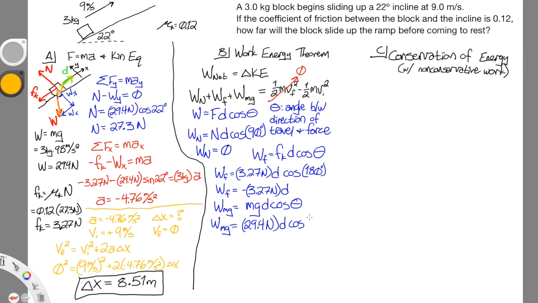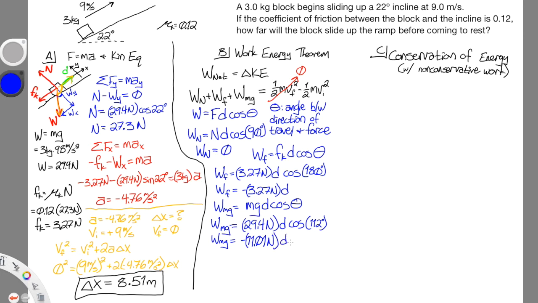So here, we will get our angle simply by adding 90 degrees and 22 degrees, which gives us 112 degrees, or the work done by gravity is -11.01 newtons times D. Let's put that negative outside the parentheses there, for no good reason, really.